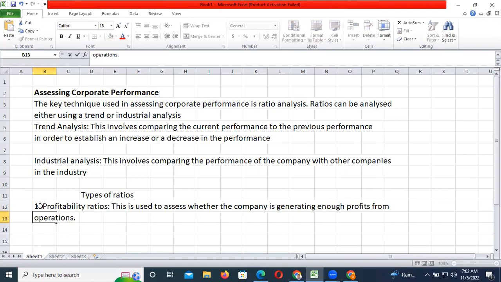What you are doing here is to assess whether the company is earning or generating enough profit from its operations. Then you are going to compute the profitability ratios.